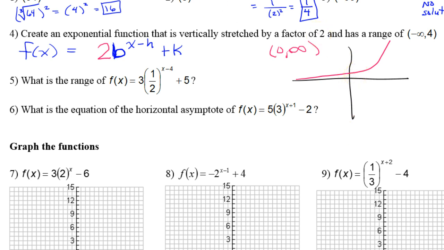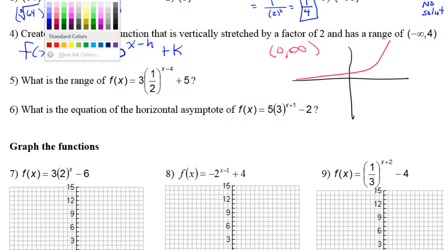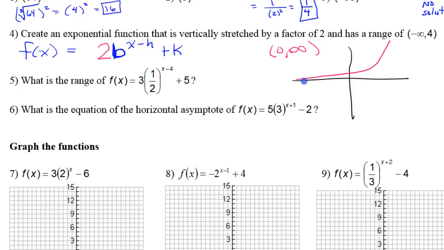Okay, so that tells me that I am dealing with a reflection over the x-axis. If I had something like this, then this green would have a range of negative infinity to 0, the way it is right now. So the fact that there's a negative infinity in front of this range tells me that it has to be reflected over the x-axis.